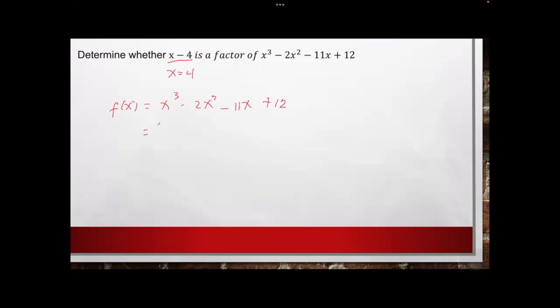This will be equal to 4 cubed minus 2 times 4 squared minus 11 times x plus 12. Now, paki-compute po. What is f of 4?